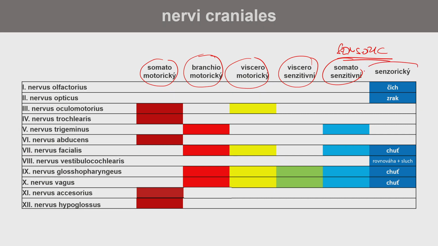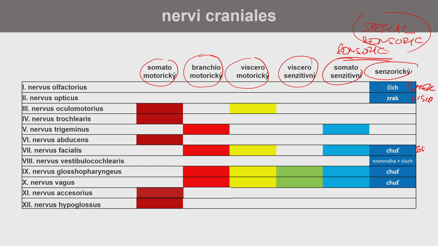The last one is special sensory. We have special senses, which are senses for distant sensations like vision and smelling, so the olfactory and visual systems.